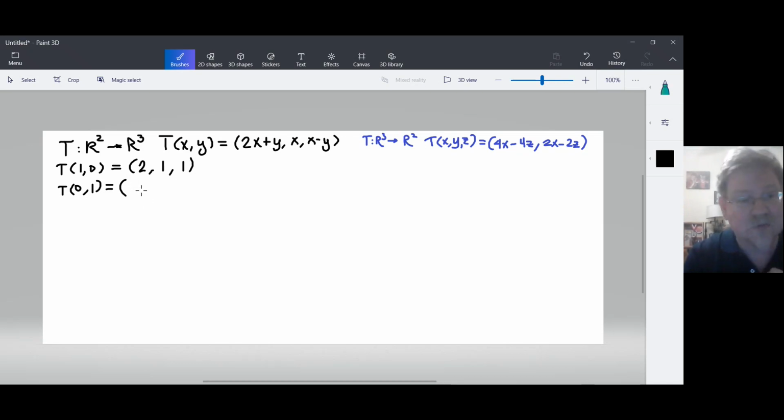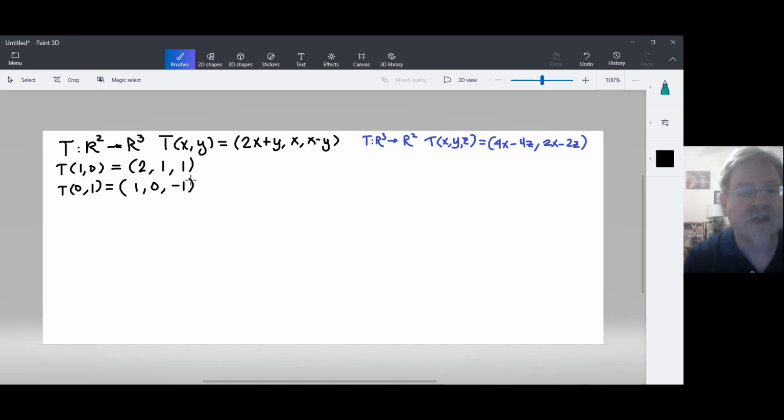In 2x plus y, that's 2 times 0 plus 1, which is 1. Then x is 0 again, because the second component is just x. And then x minus y is 0 minus 1, so that's negative 1.